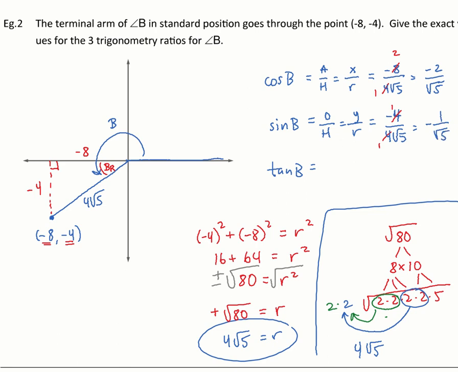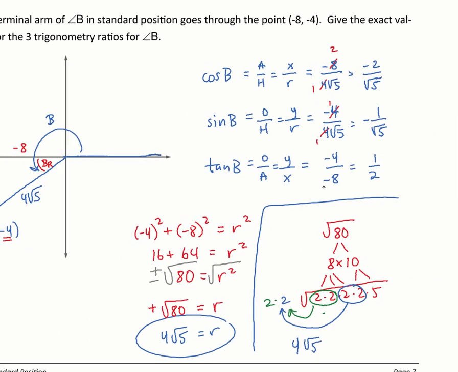Tan B is opposite over adjacent, or y over x, or rise over run. Again, whatever you call it, it's -4 over -8. So the negatives cancel, and that reduces to 1/2. Okay, so those are the 3 trig ratios for that angle in standard position.